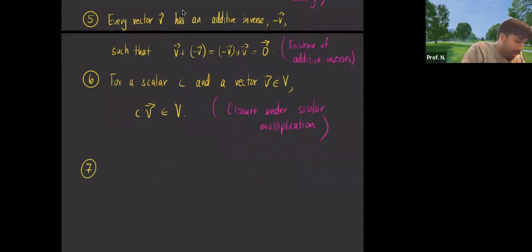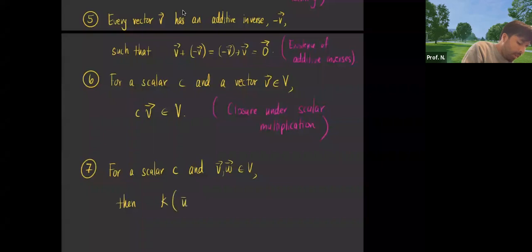Okay. So for a scalar C and vectors V, W in V, then we have C of the sum is equal to CV plus CW.